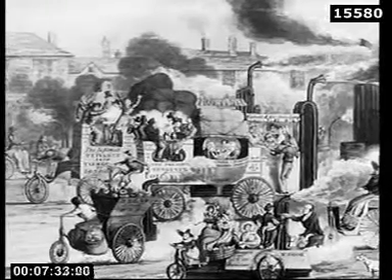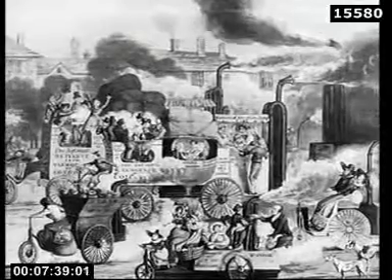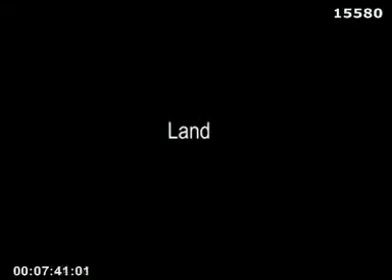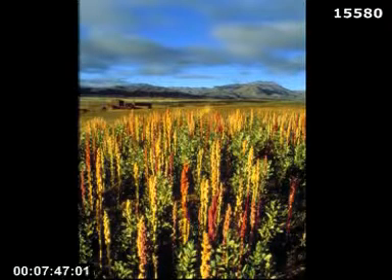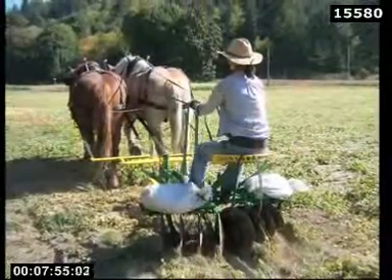However, the most important factor that ushered in the Industrial Revolution in America was land. In fact, America had a surplus of land which she used not only to boost the Industrial Revolution but also to sustain it.